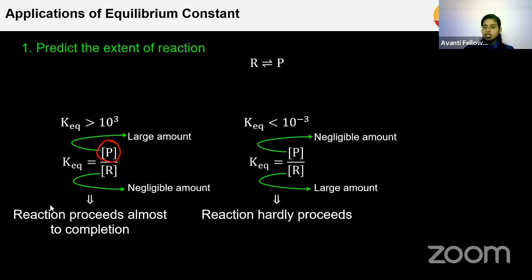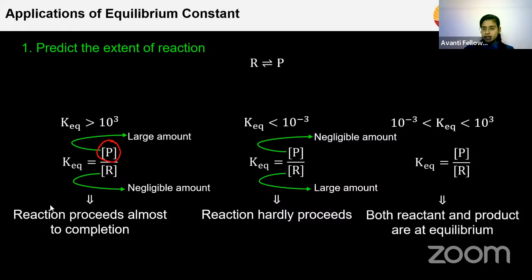And the third case is if the KEQ value is between these two numbers. If it is greater than 10 power 3 and if it is less than 10 power 3, then it shows that both reactant and product are in equilibrium. Okay, because in one case it is less and in the other case it is more.